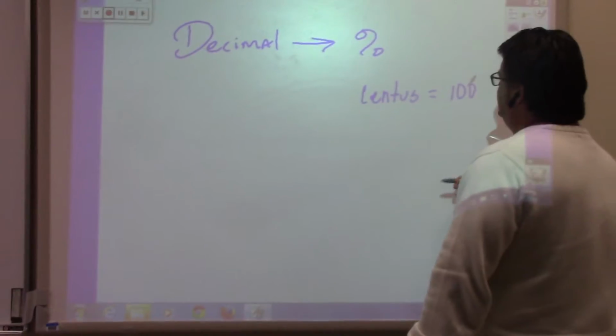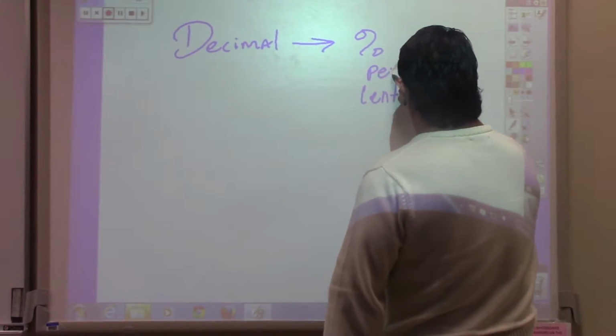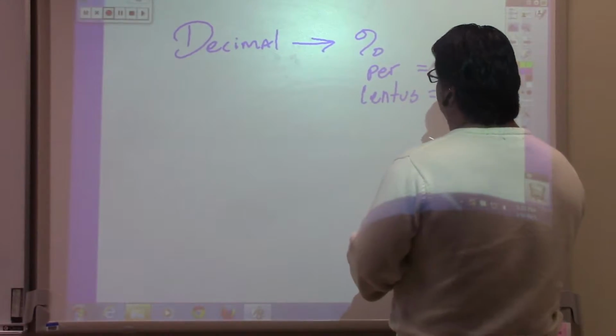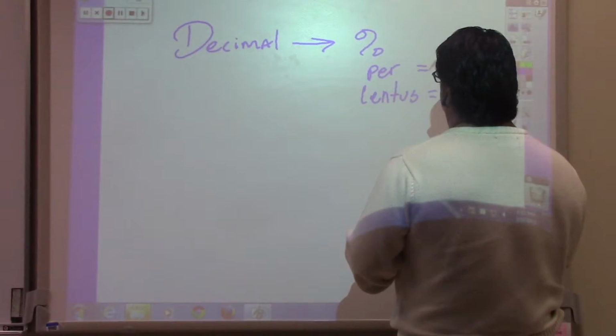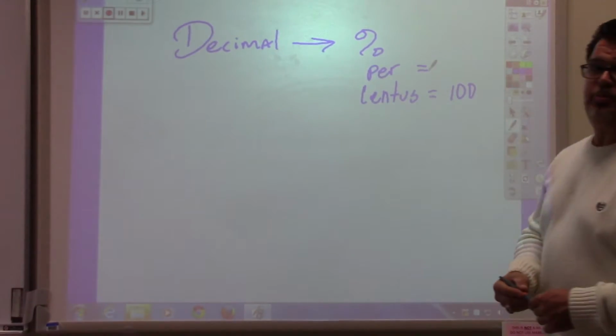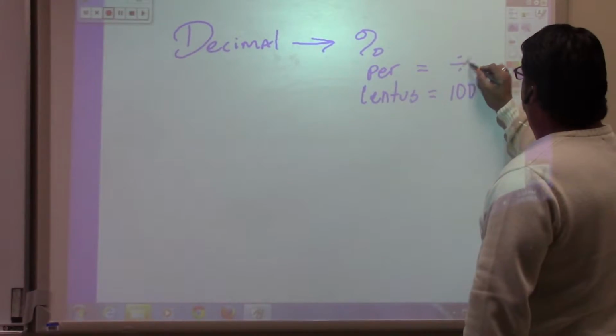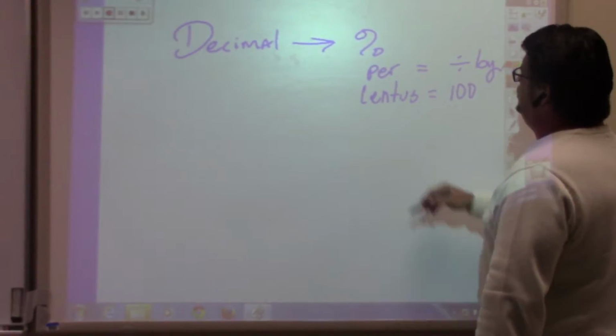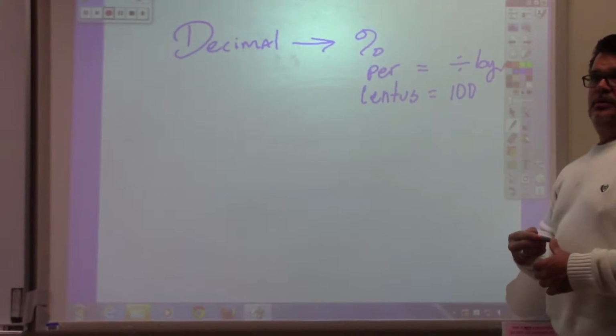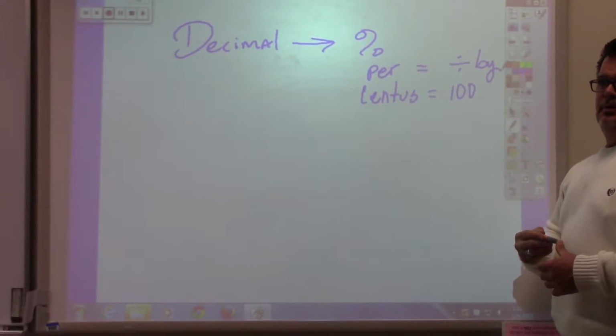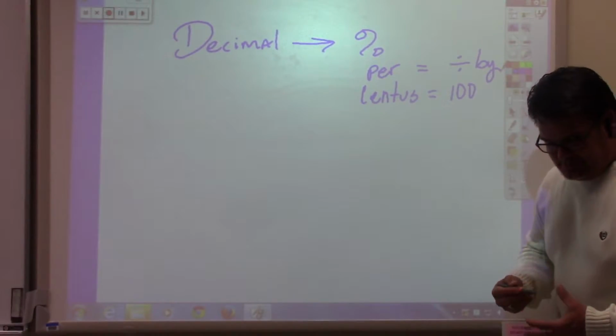Okay? Somebody tell me what per means. What a cat does. No. What is per? P-E-R. What does per mean? 1, right? Miles per hour. Per means divided by. So somebody tell me what percent means. Divided by, like, out of a whole, which is 100.